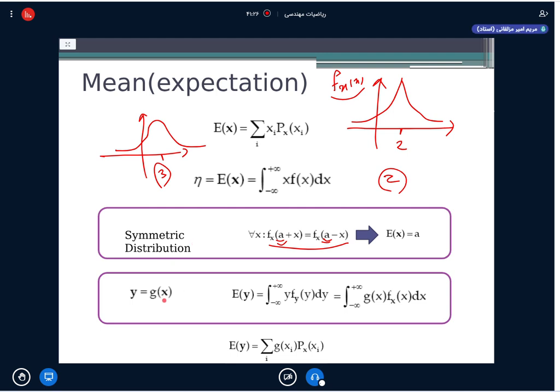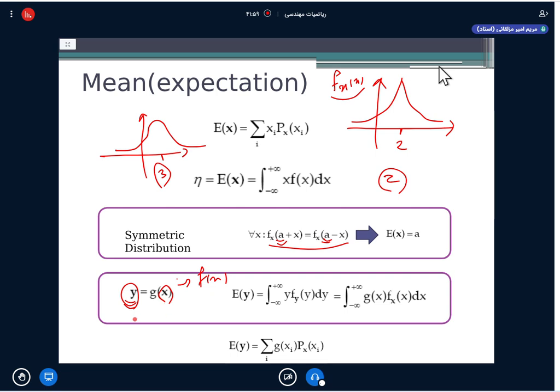Okay, second property. If we have y equal to g(x) and we want to compute the expectation of y, or the mean of y, we know that the mean of y is equal to this. To compute the mean of y, we should multiply y by its PDF and then integrate from negative infinity to positive infinity. But pay attention that we want the expectation of y, but we have the PDF of x.